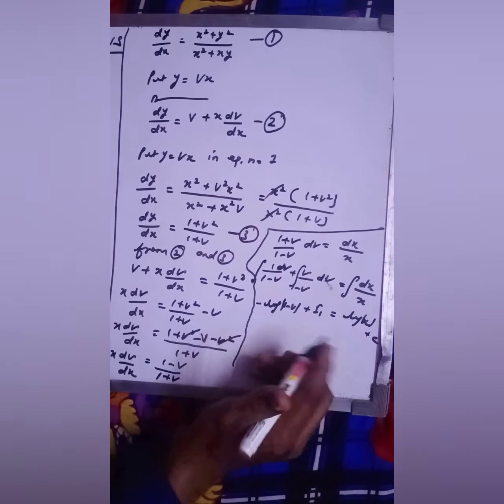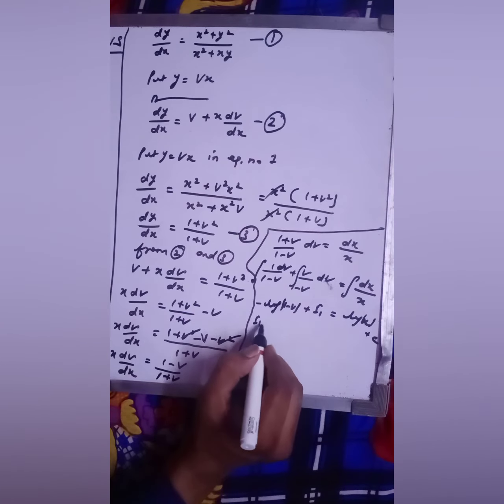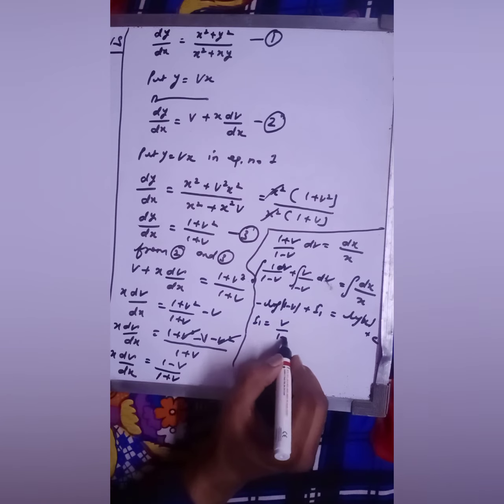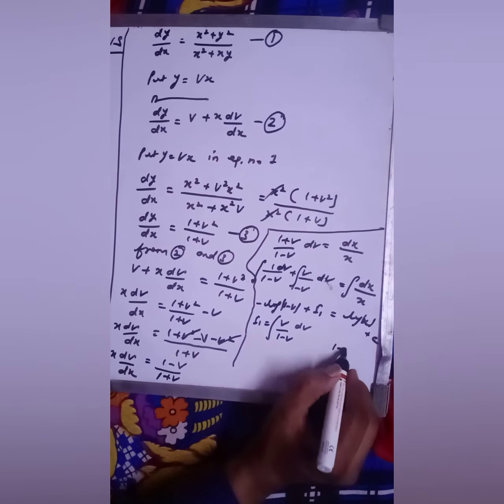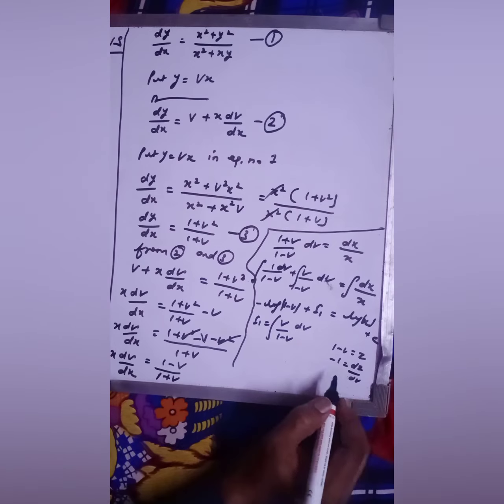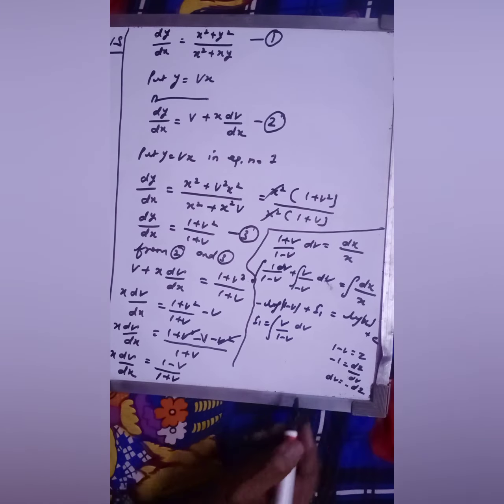Now I1 I'm solving here. I1 is equals to the integration of v over (1 minus v), that is dv. So 1 minus v is equals to z, I'm assuming. That is equals to minus 1 dz by dv. That means dv is equals to minus dz.